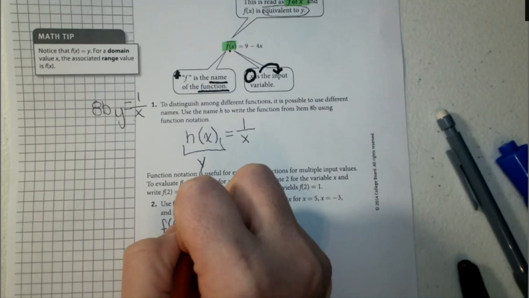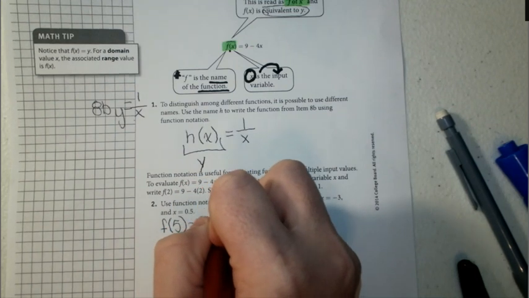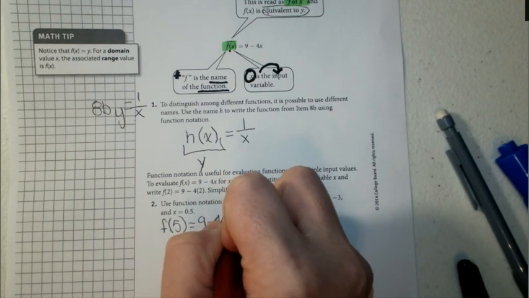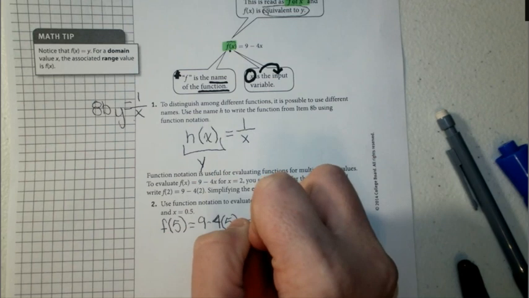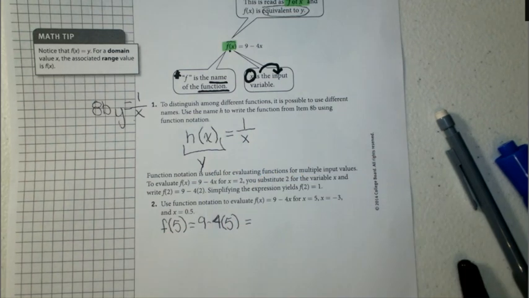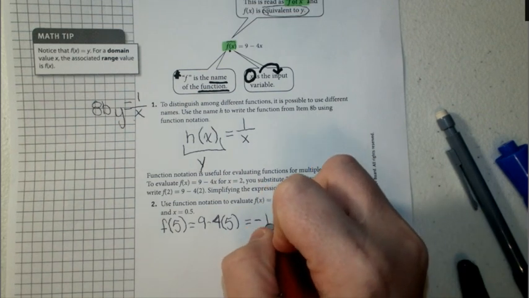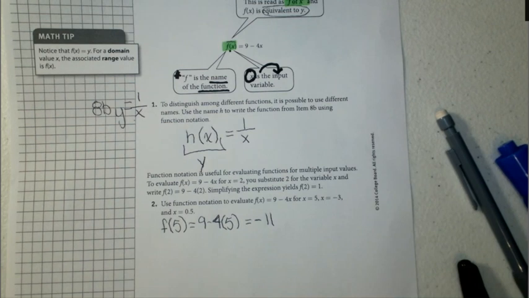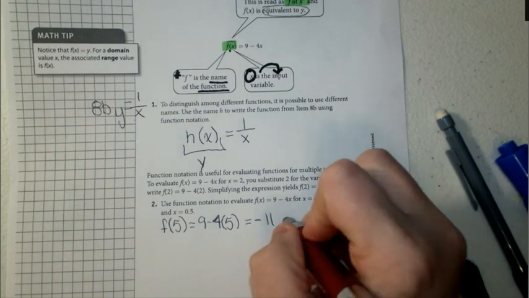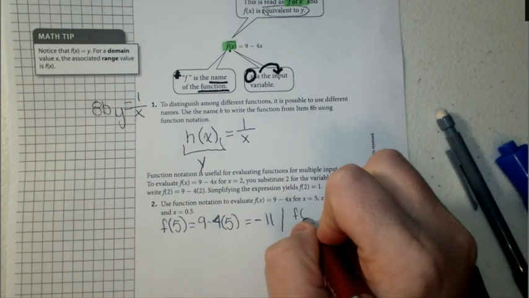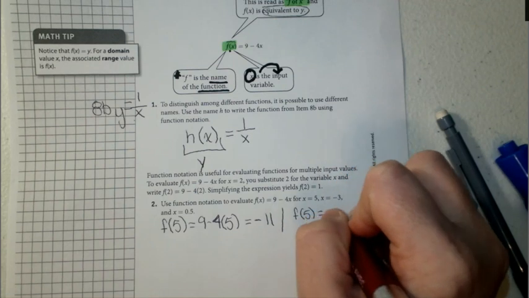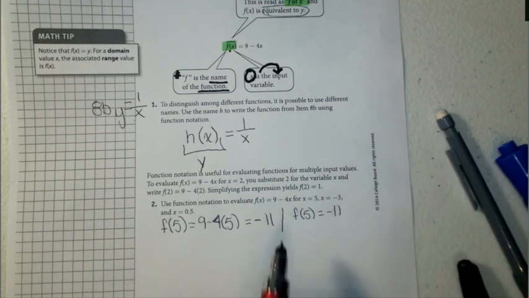So we say f of 5 equals 9 minus 4 times 5. Well, 4 times 5 is 20. 9 minus 20 is going to be negative 11. So we would have the statement f of 5 equals negative 11. Input, output.